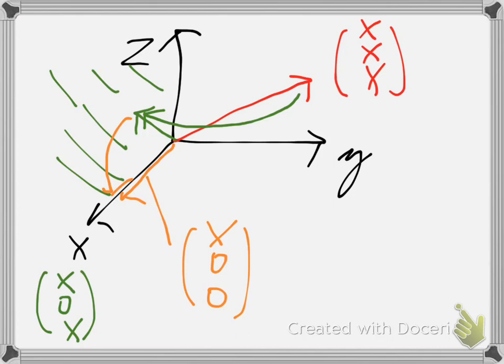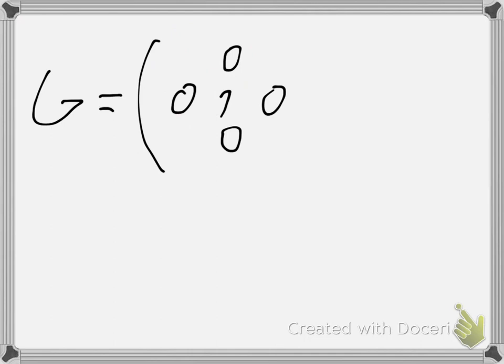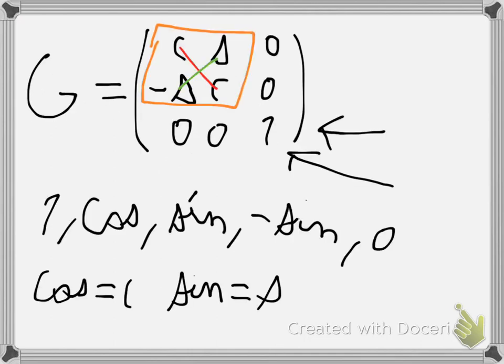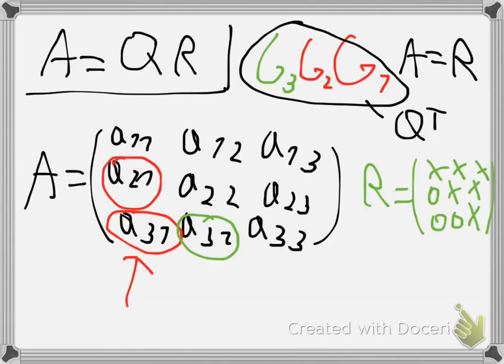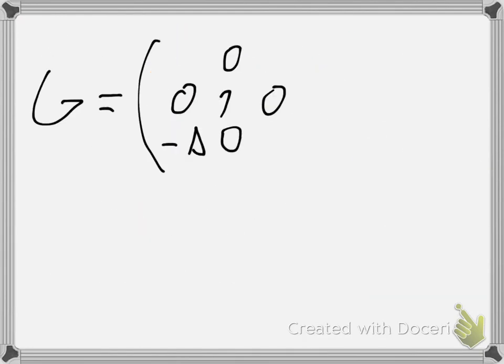This would be our second rotation here in orange. So we eliminate the z component here, and so we put the minus sign in the third row and first column where our element A31 is. I hope this is clear.